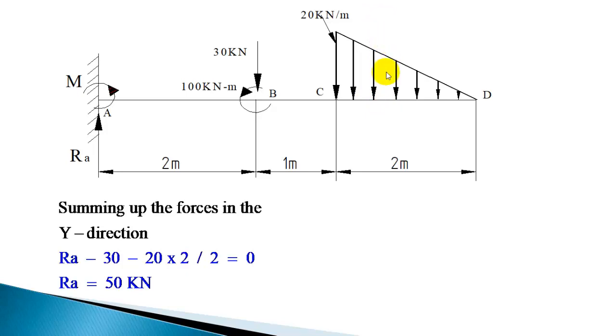So the 20 kN resultant load will produce a moment of 20 into 3 plus 0.667 or 3.667. That is the moment of this resultant load.